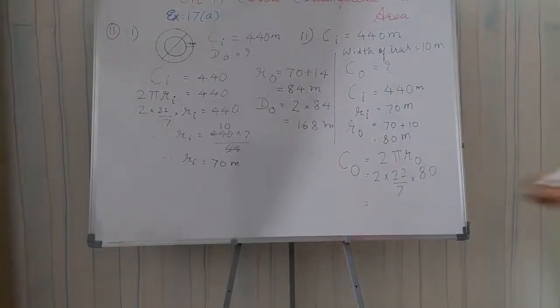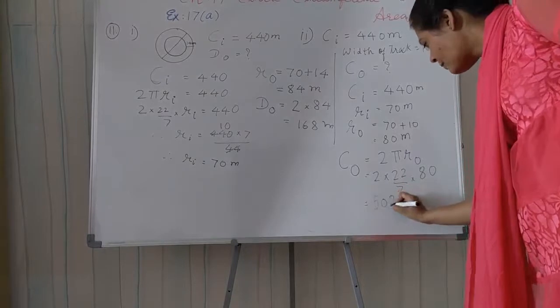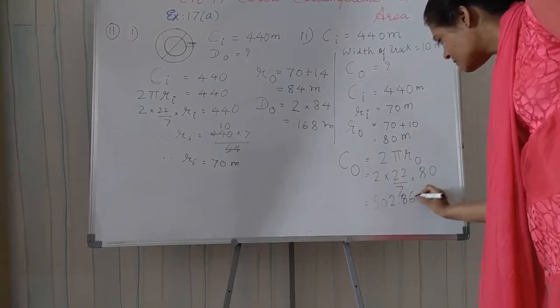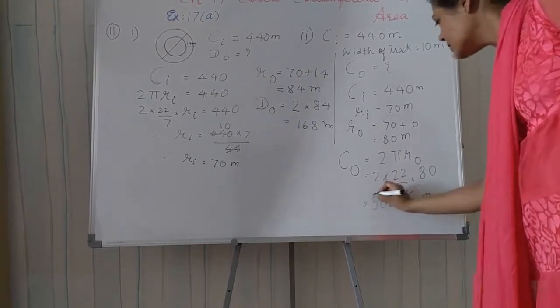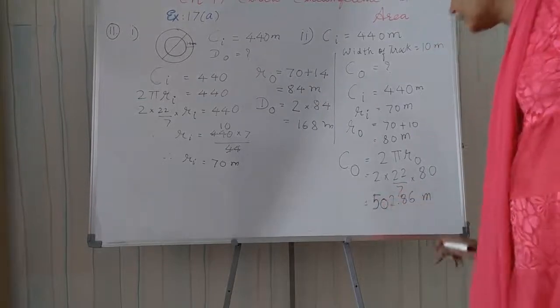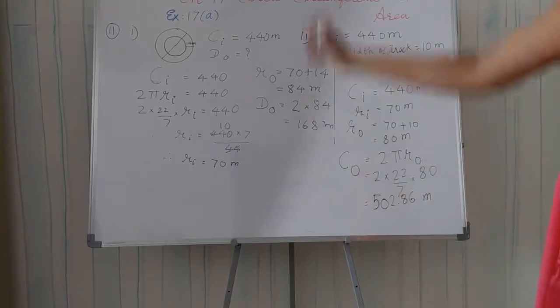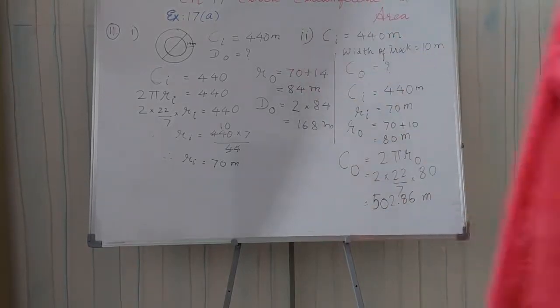By calculation, we get the answer as 502.86 meters. So this is the length of the outer track of the circular path. So this way students, question number 11 is completed.